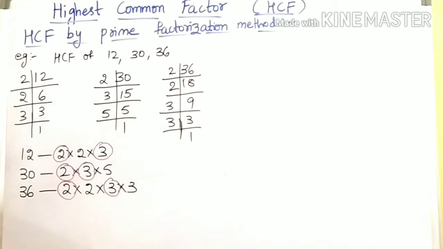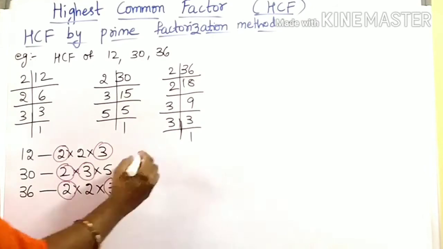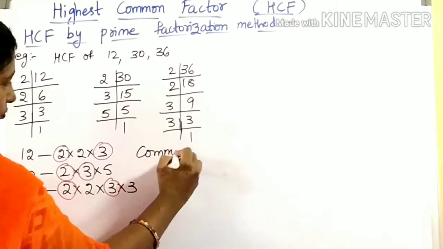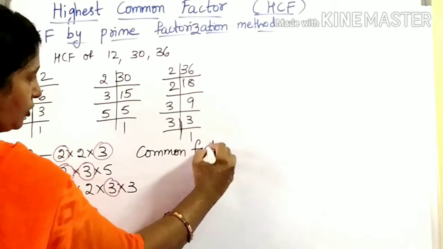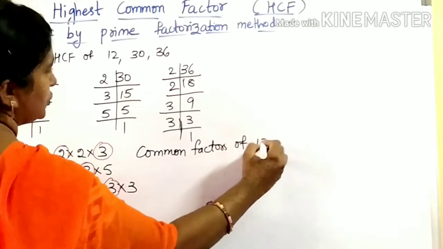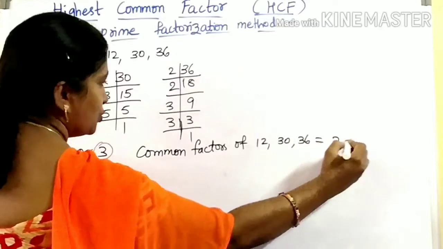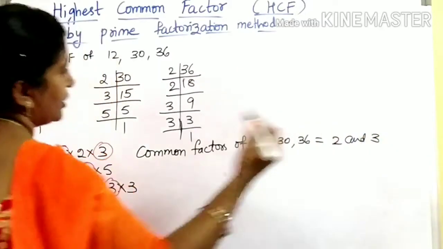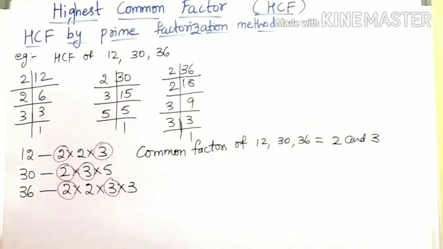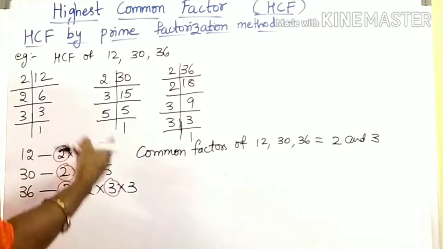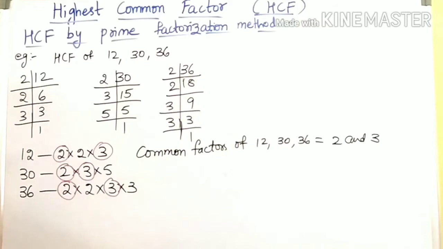Common factors of 12, 30 and 36 are 2 and 3. Now what is the HCF? The product of all common prime factors is the HCF.